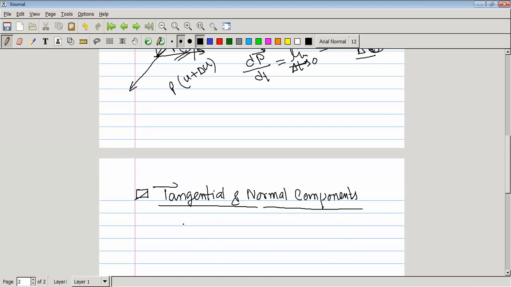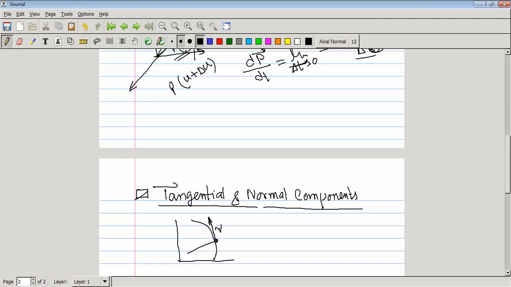So we can say if a coordinate is like that, and a particle, suppose this is a particle, moves along a circular path, continuously changing its position, then the tangential portion is nothing but the velocity, right?